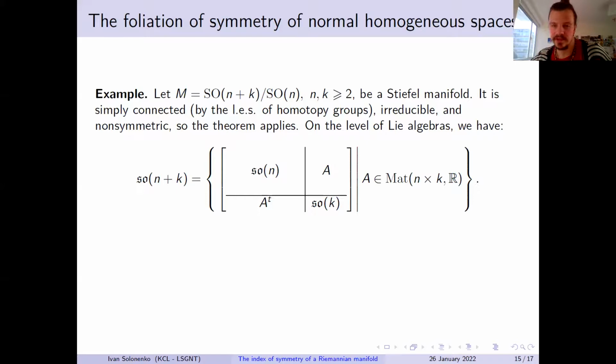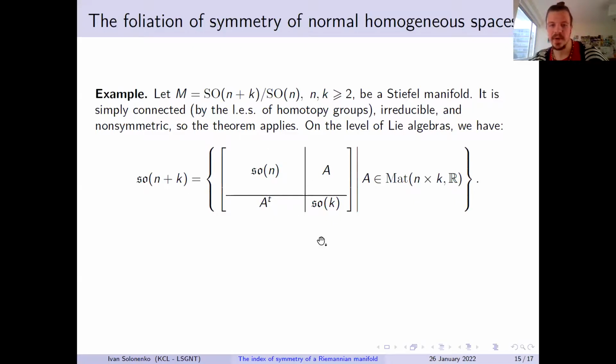So if you look at the level of Lie algebras, you have so(n+k), which looks like this. You have so(n) here, you have so(k) here, and you have A and A^T here. And so(n), the denominator, sits here as just this block. So you can think of the isotropy representation as the group SO(n) sitting here.